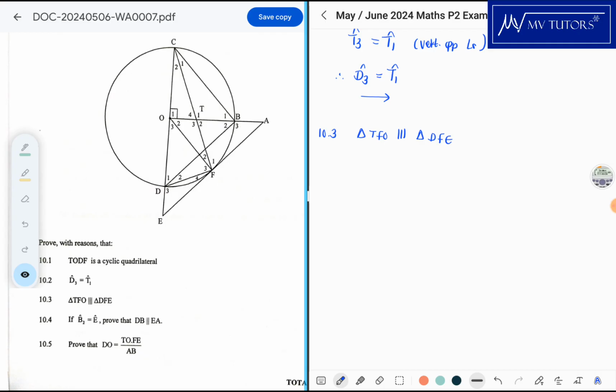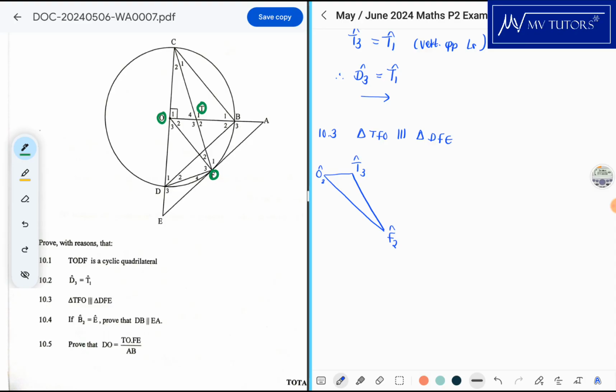And let's see, where is T, F, and O? So this is T, F, O. I'm going to draw it just like that. Okay, so we have T, we have O, we have F. I'm just going to call it F2. And this is T3. And that is O2.